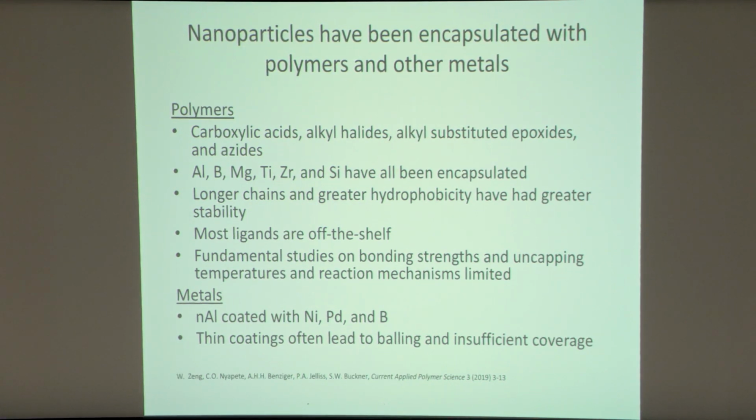Aluminum, boron, magnesium, titanium, zirconium, and silicon have all been encapsulated. Longer chains and greater hydrophobicity have had greater stability. Currently, the passivation is done with ligands off the shelf, so people have not taken time to specifically design a particular ligand for a particular use yet.